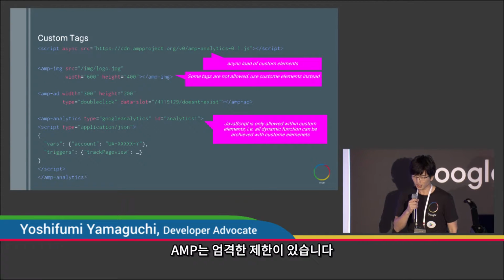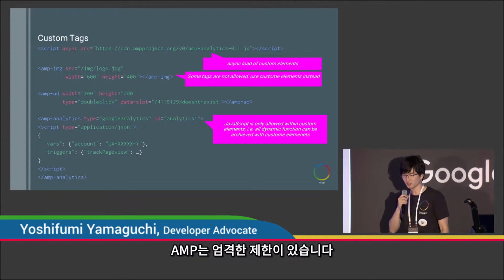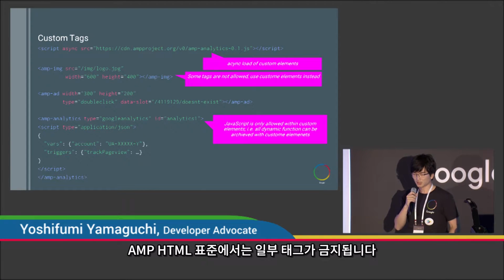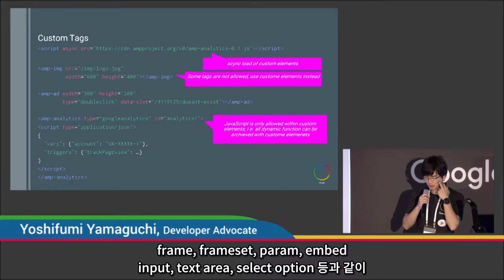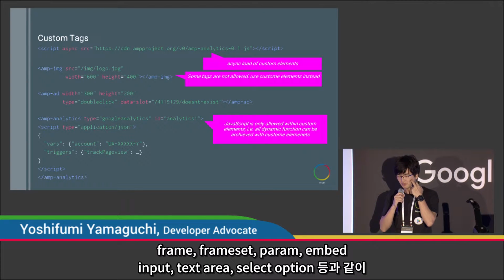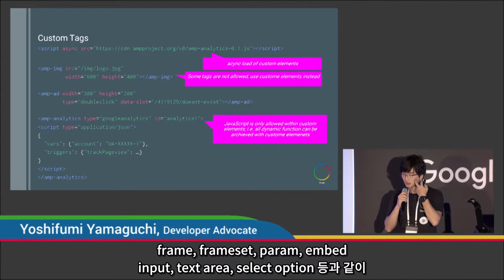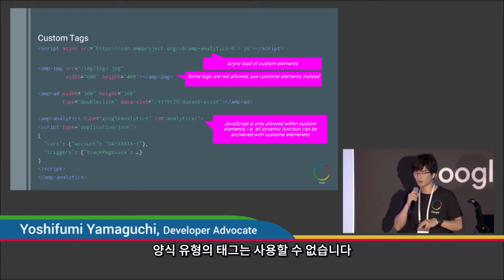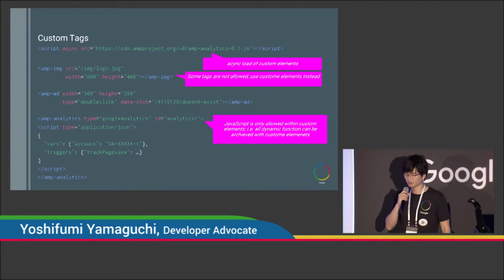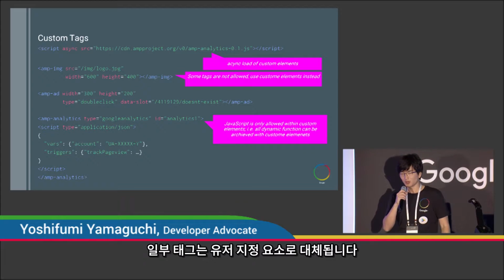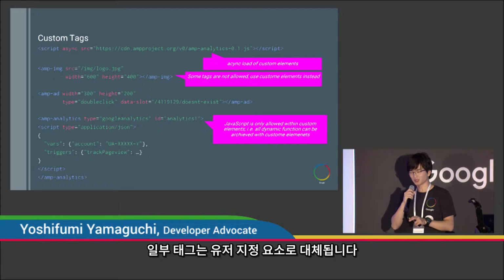AMP has strict limitations. Some tags are not allowed in the AMP HTML specification, like frame, frameset, param, embed, input, textarea, and select and option. That kind of form-like tag is not allowed. And some tags are replaced with custom elements.